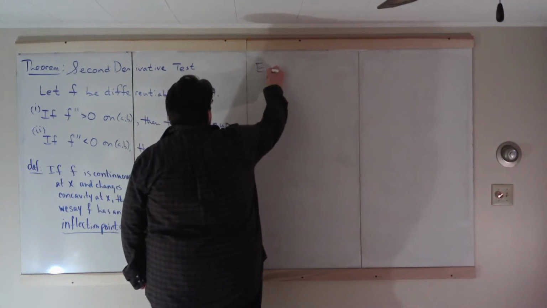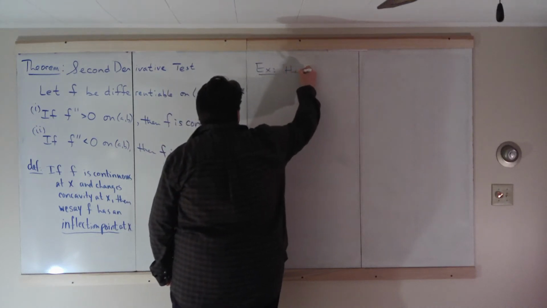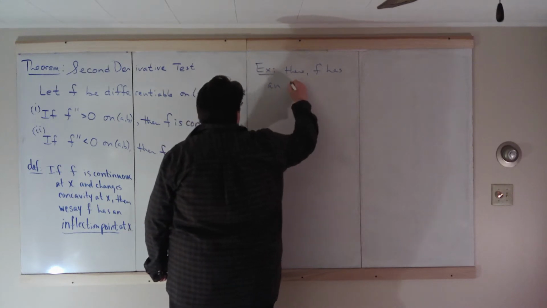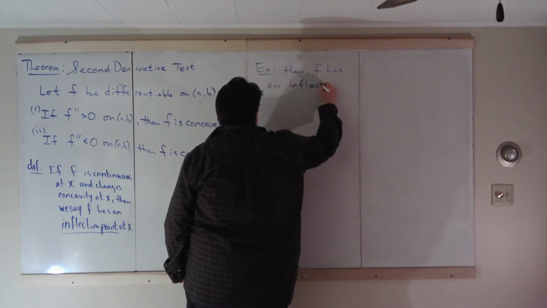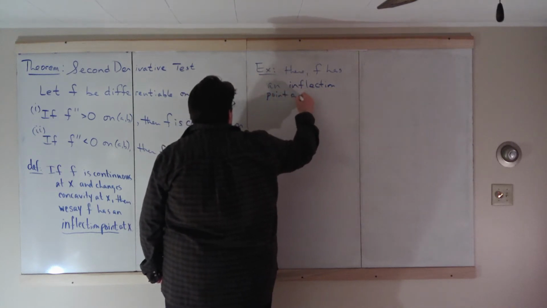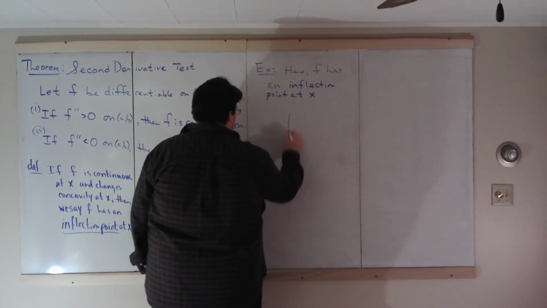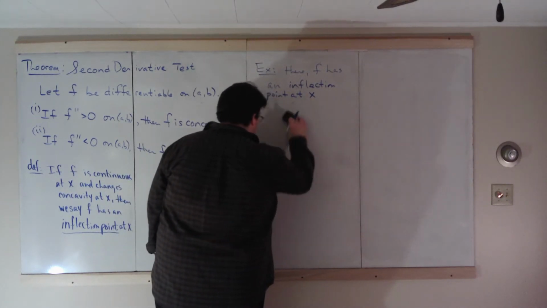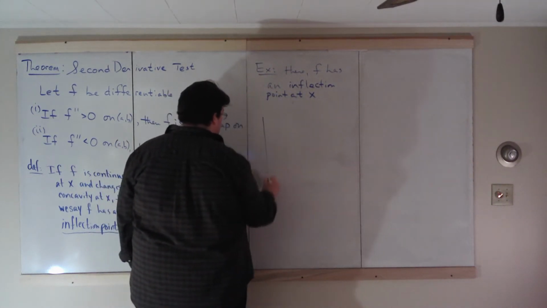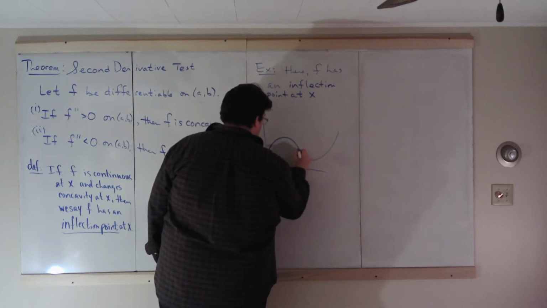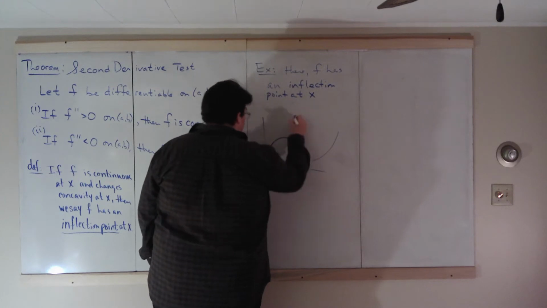Example illustrating this. Here, f has an inflection point at x. Let's make it look like this. Here's f.